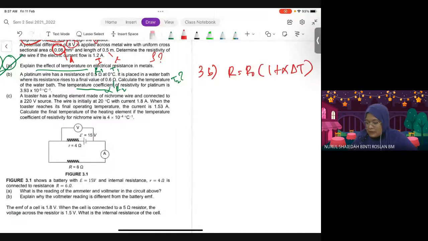Okey, so R. Berapa R kita? R0 adalah initial. R adalah final lah.